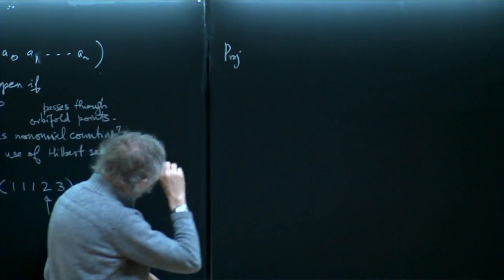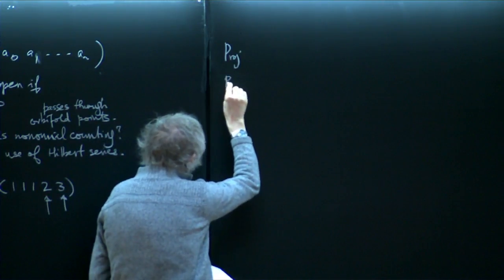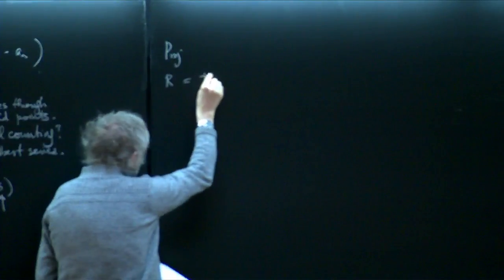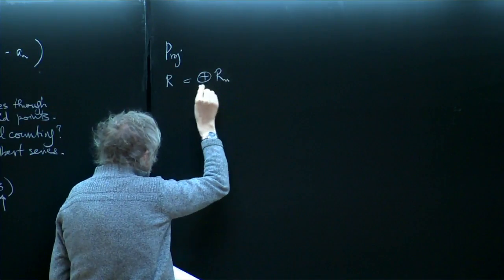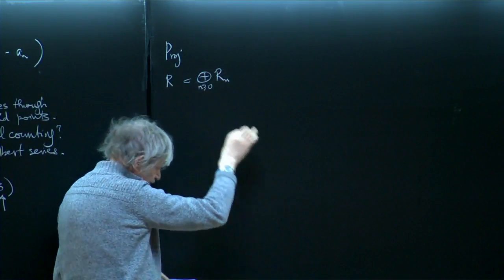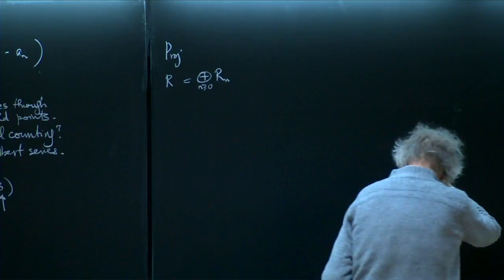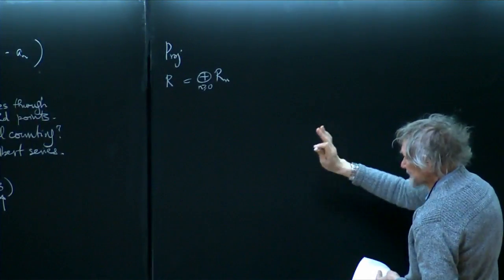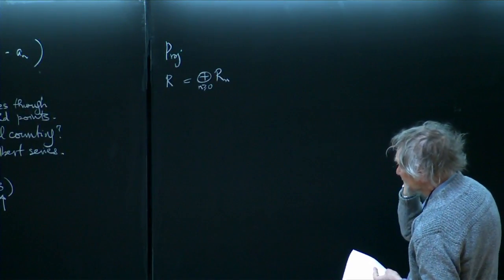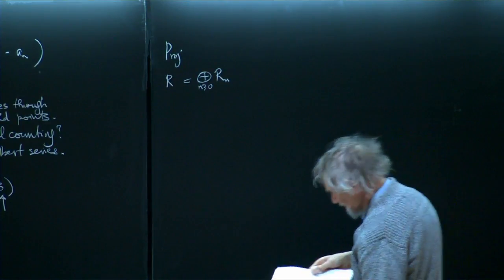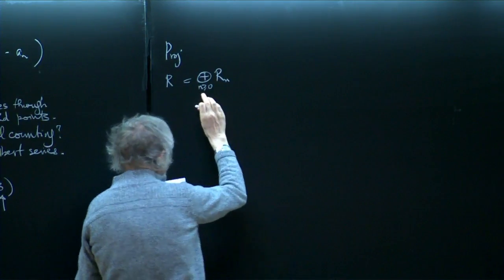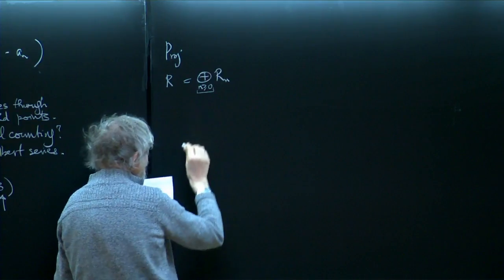I told you last time I've got R is the direct sum of Rn, and as far as this lecture series is concerned, you can do this more generally, of course, but this is graded by positive integers.